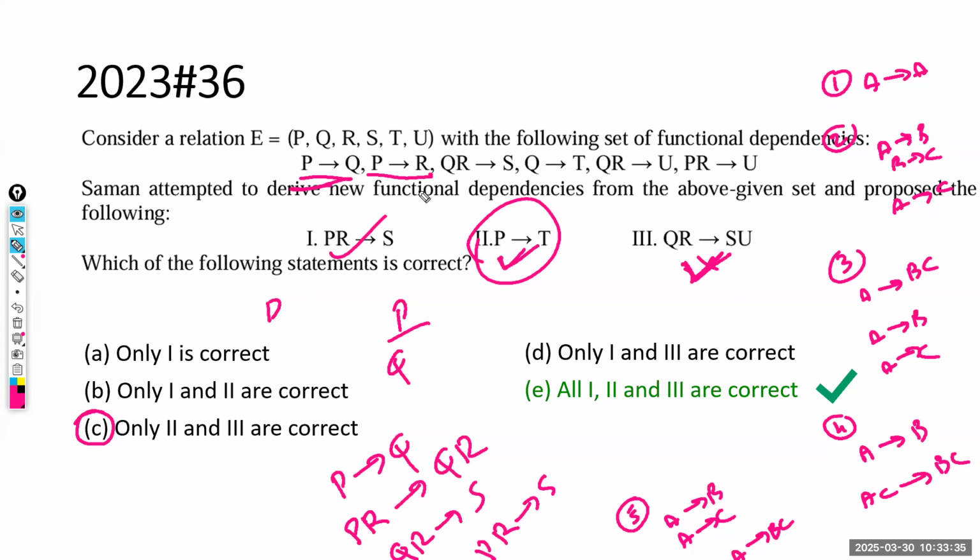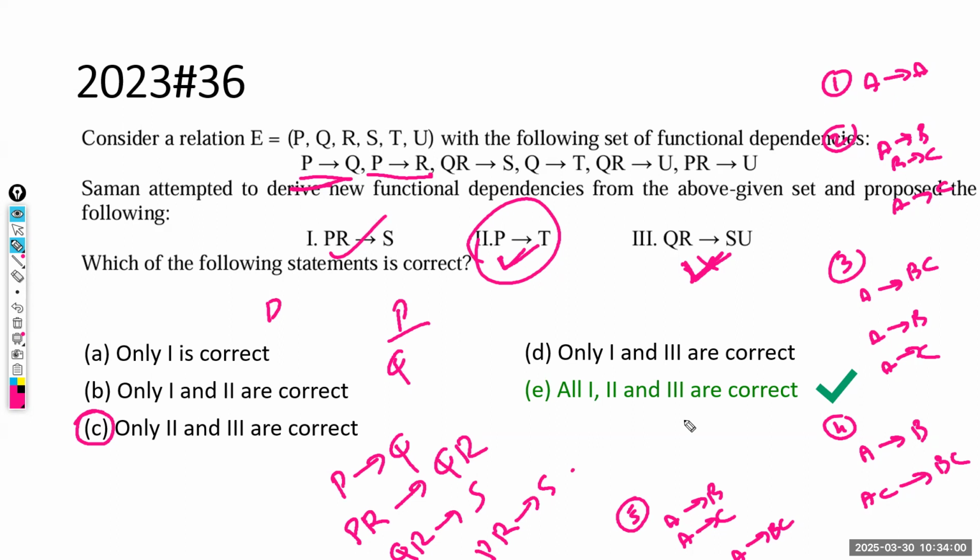So that is mean by the fourth one. If A determines B, AC determines BC. It's a rule, axiom. According to that, it's true. Yes, according to that. So that means we only use the axioms and given dependencies. So you can't use anything else.